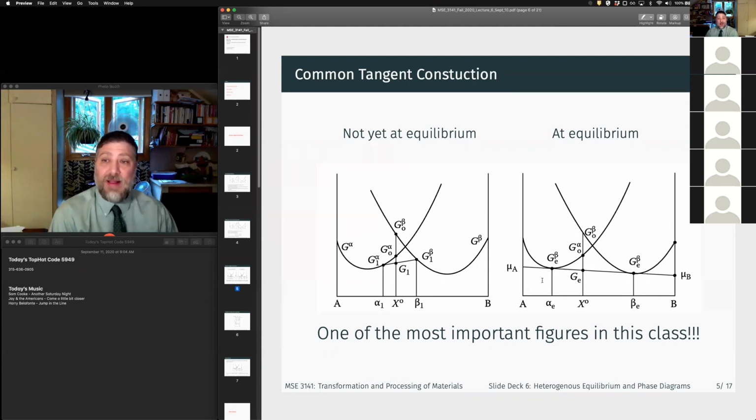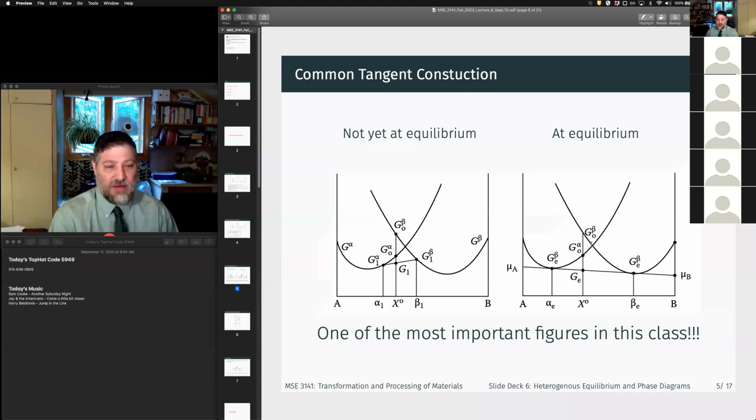I have a question about the figure on the right. I understand that the tangent slopes connecting the two curves at the bottom are at the equilibrium point. What is the point in the center where the two G curves intersect, if that's not equilibrium?